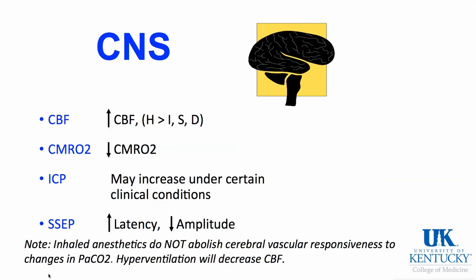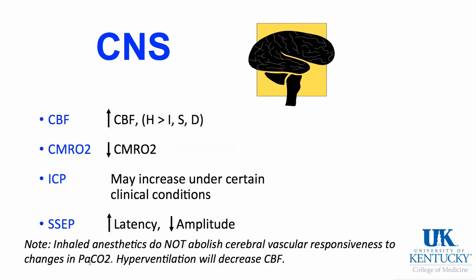So inhaled anesthetics do not abolish cerebral vascular responsiveness to changes in PCO2. In other words, when you hyperventilate a patient and drop the CO2, we know that when we do that to patients with high ICP, we do it in an attempt to reduce the intracranial pressure by reducing the cerebral blood volume.